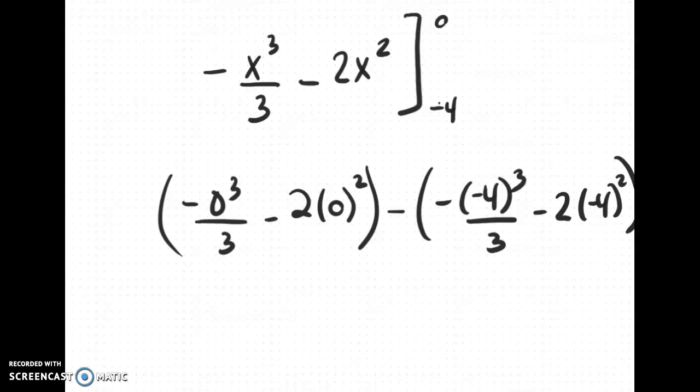This asks for the exact area, so I don't want to just plug it in my calculator, but I can plug it into my calculator to check. This side is going to be 0, and this will be minus, and then we'll have -4 cubed, so the opposite of -4 cubed would be a positive 64 over 3. So this would be -64 over 3, and then the opposite of that is a positive 64 over 3, and then minus 2 times 16, so that would be 32.